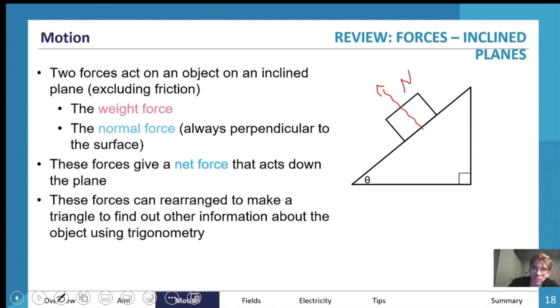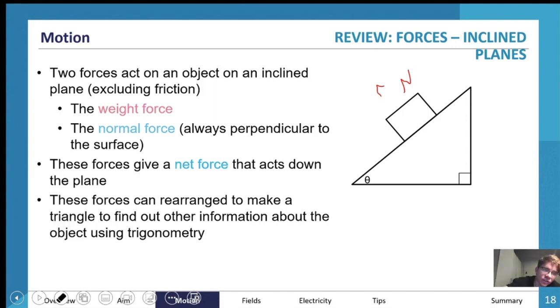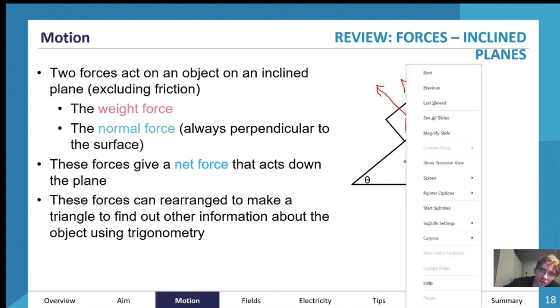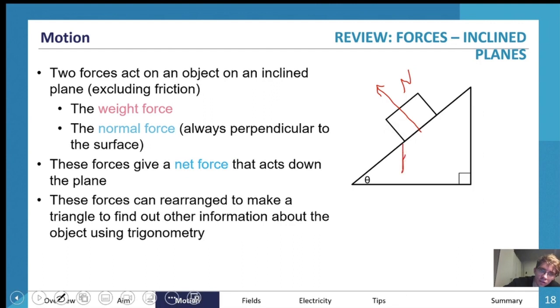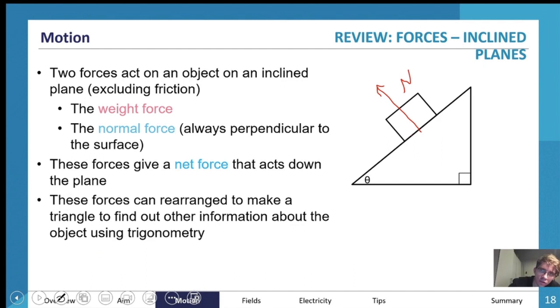It's not wiggly, it should be straight, but my hand cannot draw stuff straight. And that is the weight force.